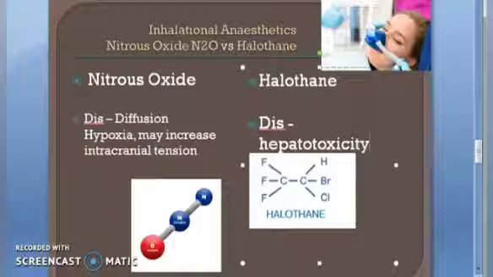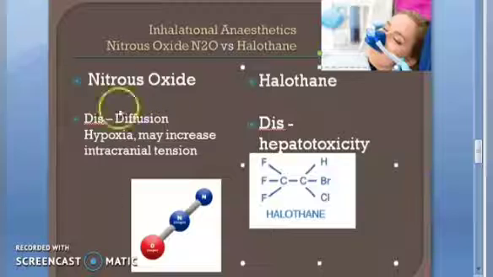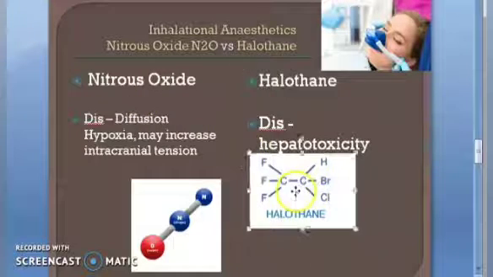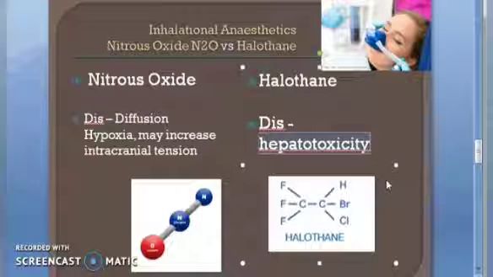Adverse effects, note all the heads, okay? Hypotension, because it is going to affect the heart. It has a depressant effect on the myocardium. Hypotension can be there, respiratory depression, hepatotoxicity, malignant hyperthermia, okay?